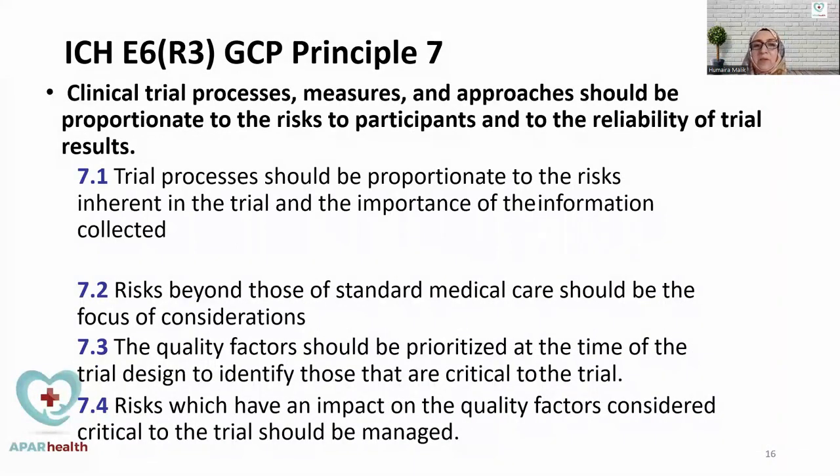The seventh principle is about clinical trial processes, measures, and approaches should be proportionate to the risk to participants and the reliability of the trial results. If we know the drug is risky, then we should have processes and appropriate measures on the trial so that we can handle that risk. We can manage that risk.